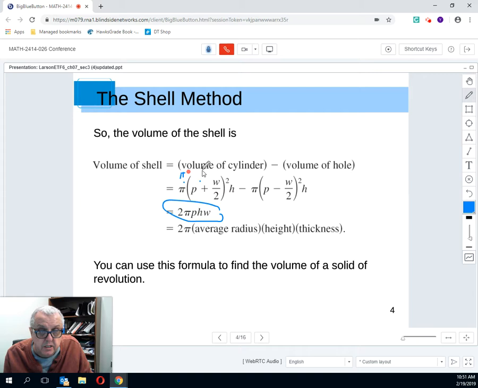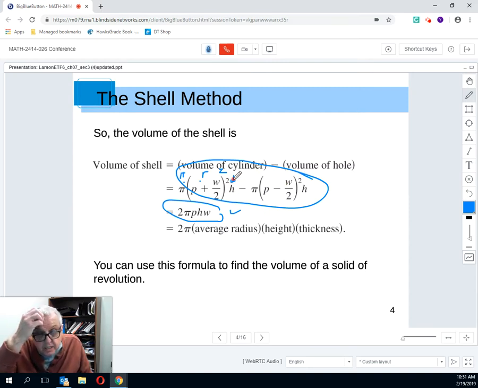If you do the algebra here, this is what you end up with: 2 pi, the r, the h, and the width. P, h, and w. If you do all the math, this is the formula that we get: 2 pi, the average radius, the height, and then the thickness of the cylinder.